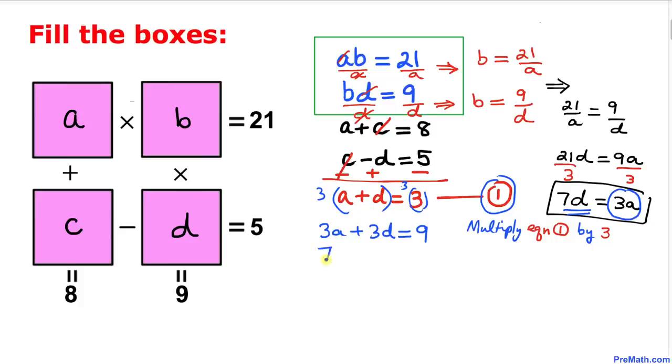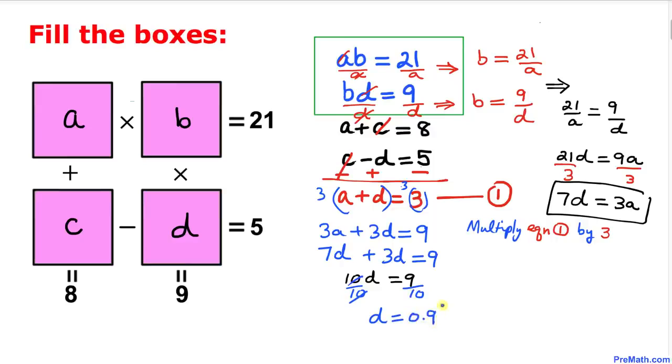So I'm going to put down 7D plus 3D equal to 9. So 7D plus 3D gives us 10D equal to 9. Let's isolate D by dividing both sides by 10. So D turns out to be 9 over 10, which is the same as 0.9. So we figured out D equal to 0.9.